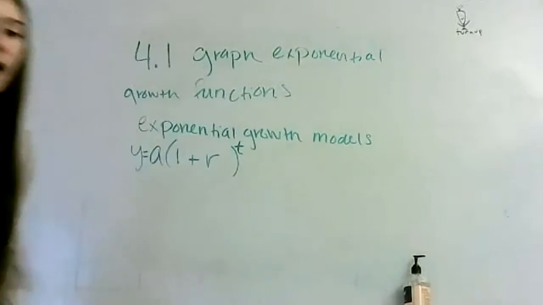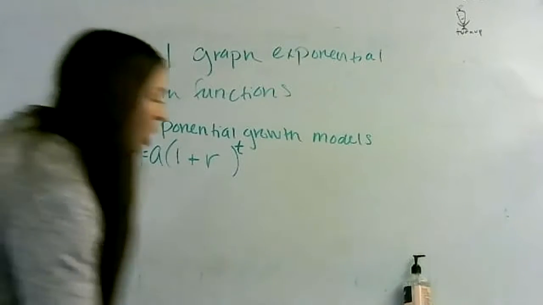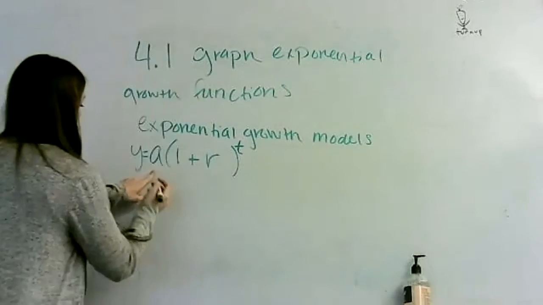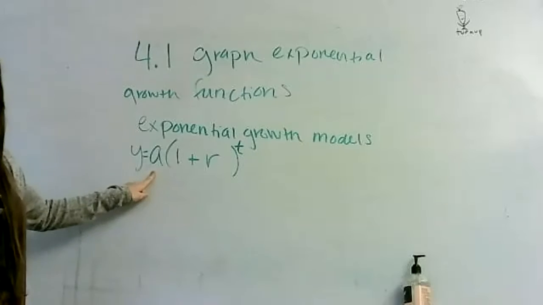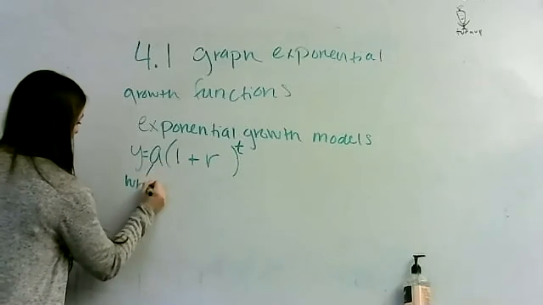The best way to explain this is by showing you an example. So when we're talking about A, it depends on the kind of example you're gathering, but it's generally what you start with.